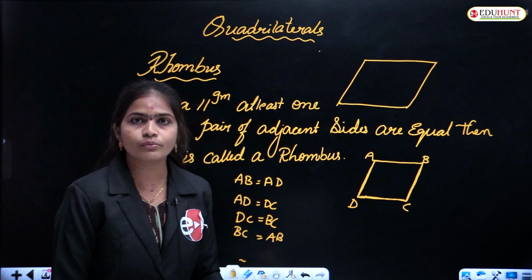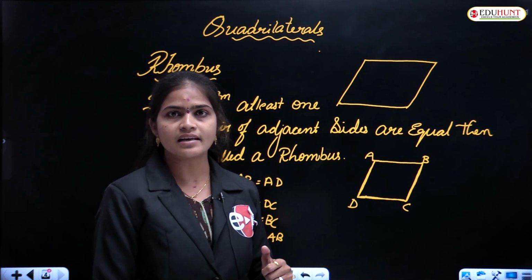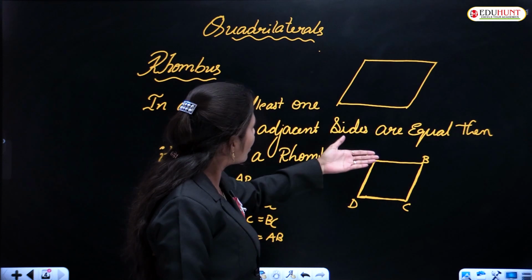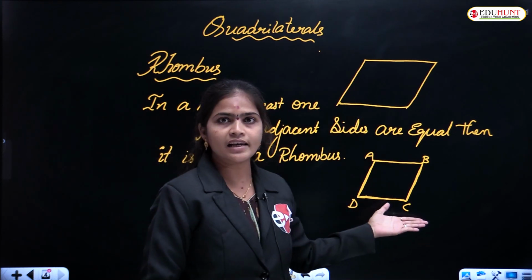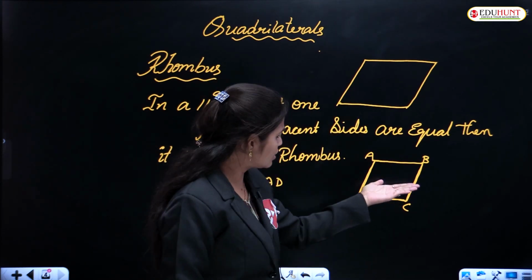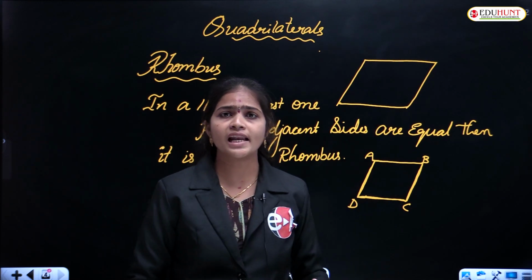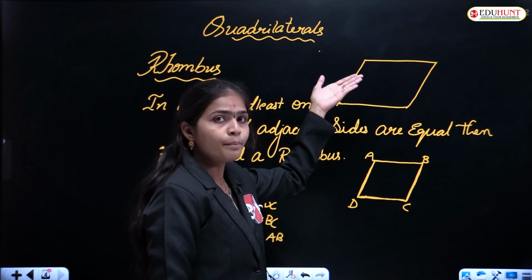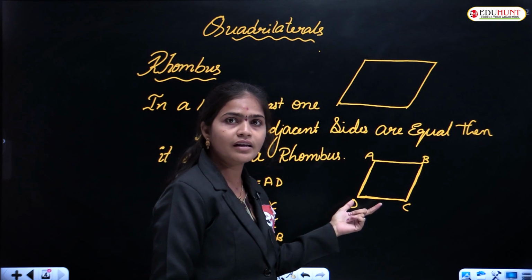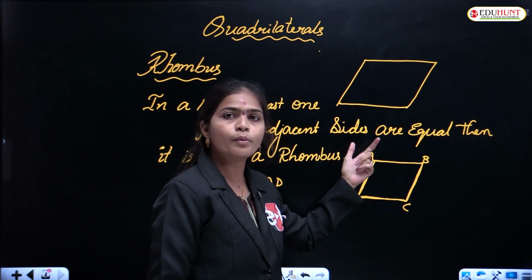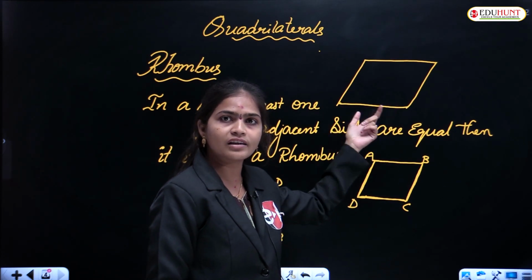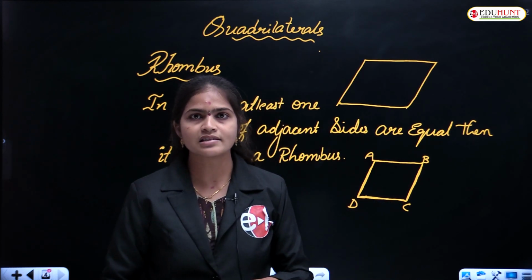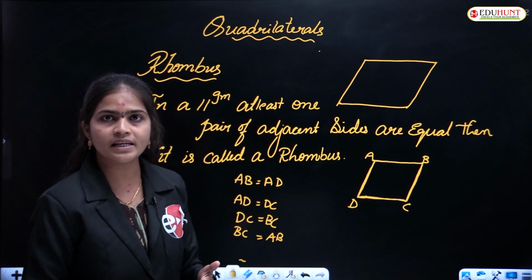Now, what are the properties of a rhombus? We got the rhombus from the parallelogram, so we can say that a rhombus is also a parallelogram, yes or no? From the parallelogram we derived the figure rhombus, so all the properties that belong to the parallelogram also relate to the rhombus.